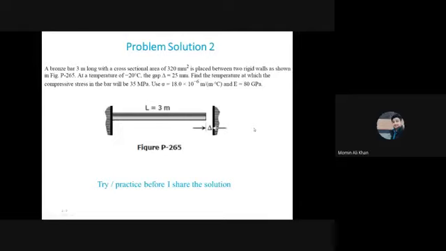Then we will find the temperature at which we get the required stress. Yes, basically this body, which is made of bronze, will be resisting, and when the body is resisting, for sure there will be stress produced in the body. So if you want to produce 35 megapascal stress in this body because of temperature, that is why it is called thermal stress. So what will be the temperature required? Yes, sir. Okay, sir.